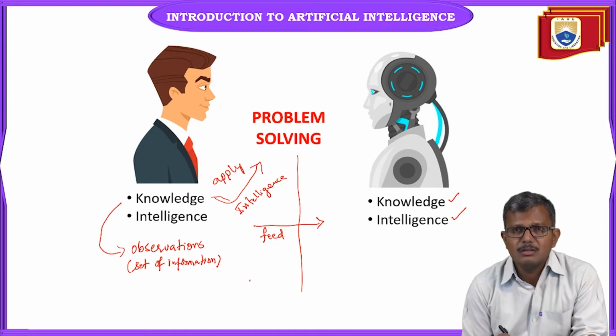Okay, so at this particular point we need to understand the exact difference between knowledge and intelligence. Knowledge is nothing but some set of information we acquire by seeing our surroundings. That knowledge we can use in order to solve a particular problem. So using knowledge to solve problems is nothing but exhibiting our intelligence.